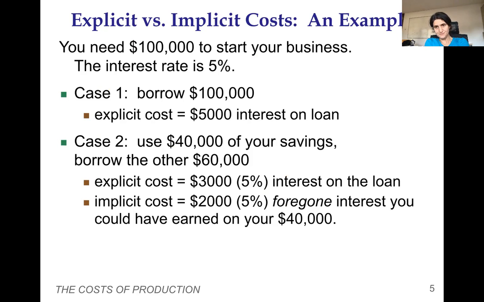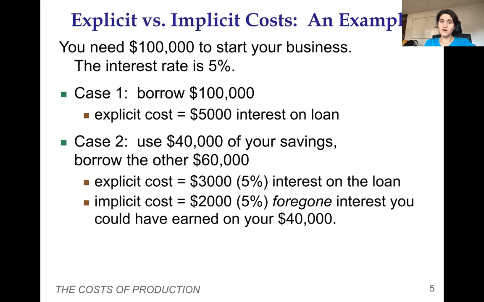The explicit cost is the cost of the loan that you are getting: 5% of the $60,000 that you borrowed, which will be $3,000. The implicit cost comes from your savings account.